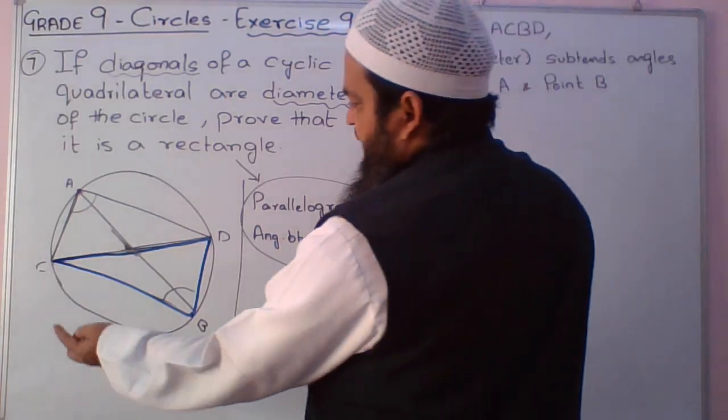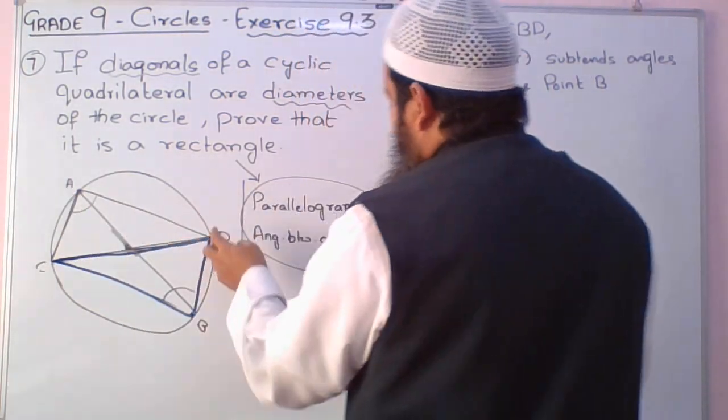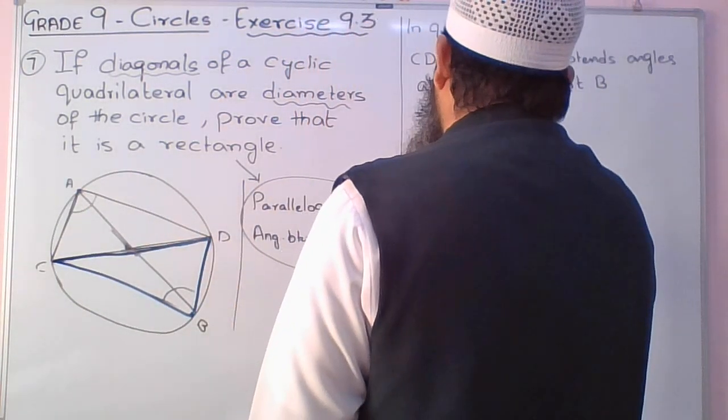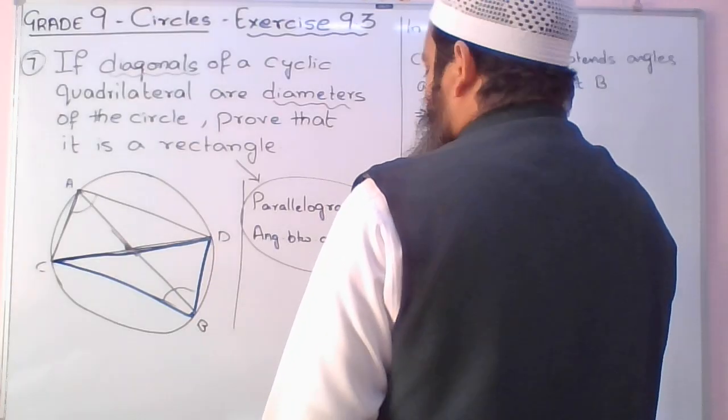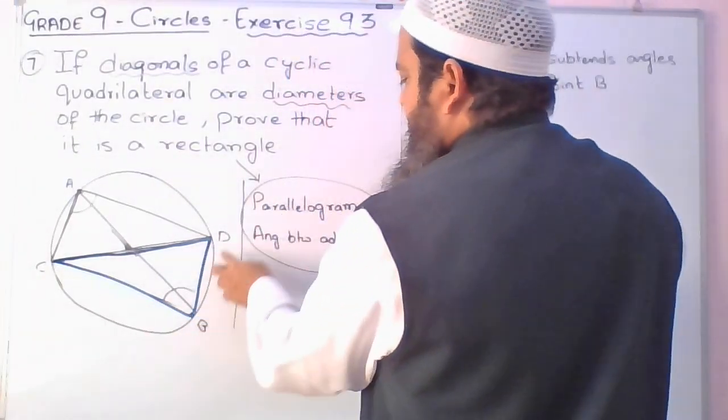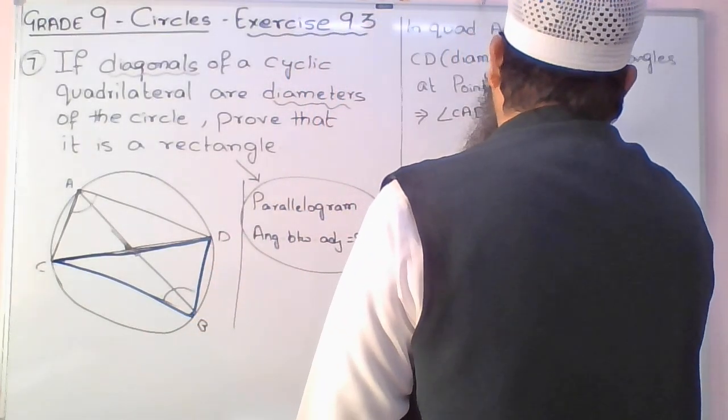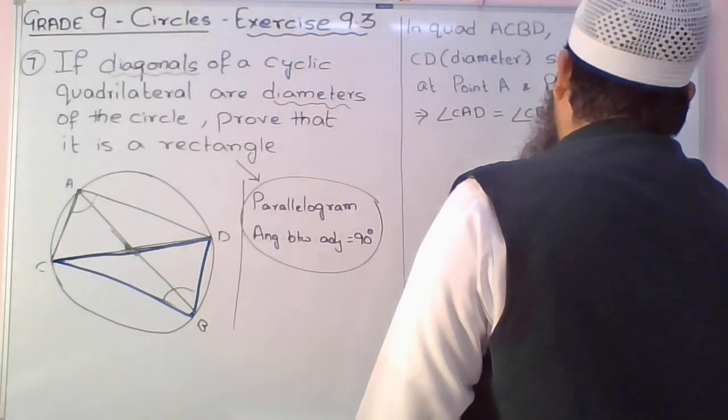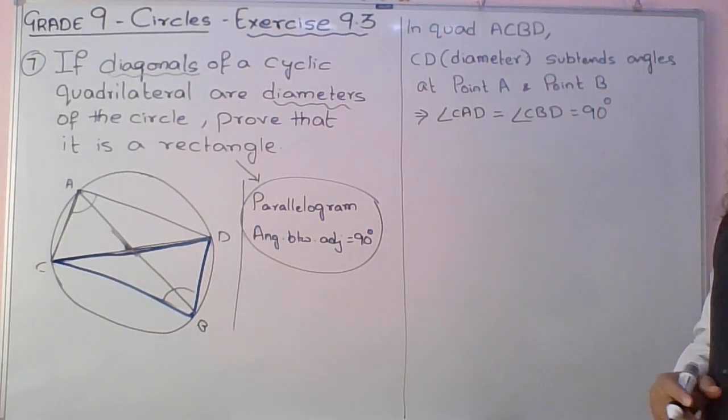Angle CAD is equal to angle CBD is equal to 90 degrees. So what is the reason?